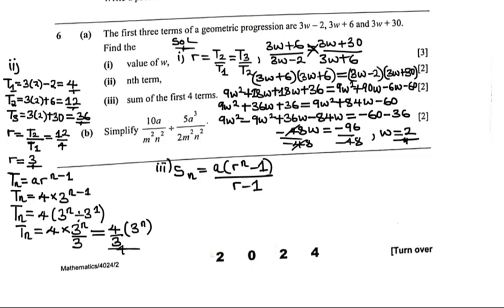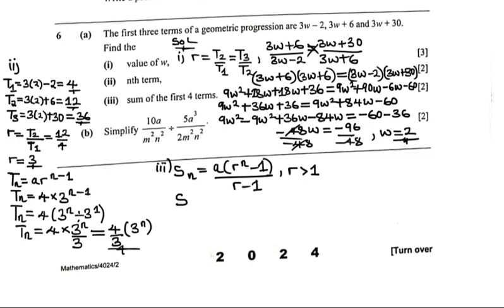The reason I've written this formula is that r is greater than 1. The value of r we've calculated here is 3, so it is greater than 1. If r is less than 1, you pick the formula where there is a condition that r is less than 1.